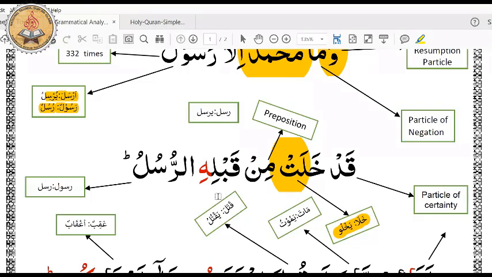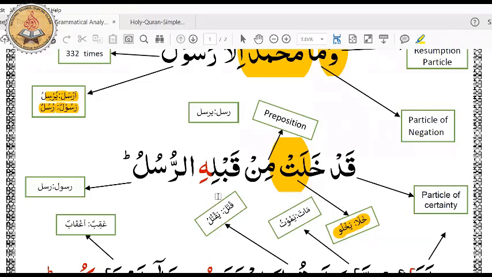Now qablihi is basically the combination of two words, qablu, and hi is an attached pronoun, like for example lahu for him, laha for her, as we say radiyallahu anhu or radiyallahu anha. We already covered in the previous lessons who, ha, and huma, whom, and so on.